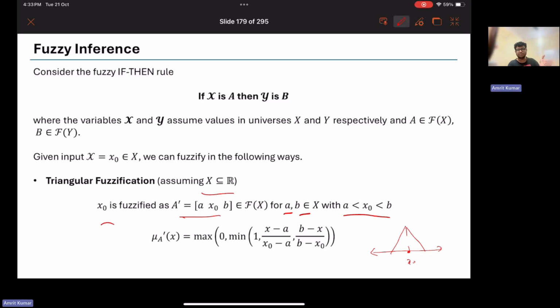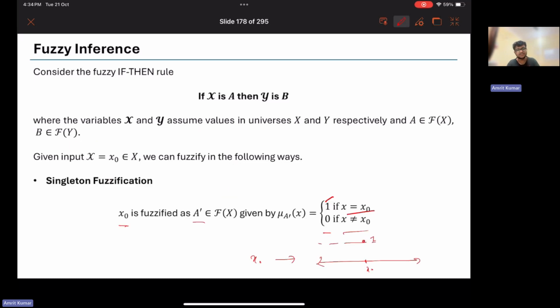If your universe happens to be a set of people, for example, people in a particular room, then you cannot define a triangular fuzzy number. But in most cases, your input universe actually is the real line or some subset of it. However, when you compare it with singleton fuzzification, here you don't require any assumption on the nature of X. Here your X can be anything. It could be the real line, it could be the XY plane, it could be a set of people, it could be a set of objects, anything.